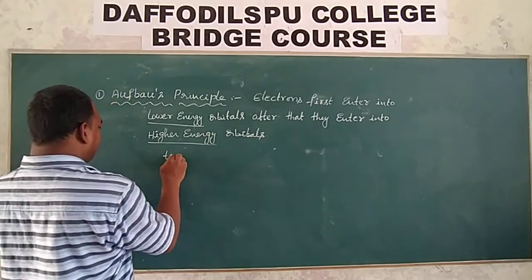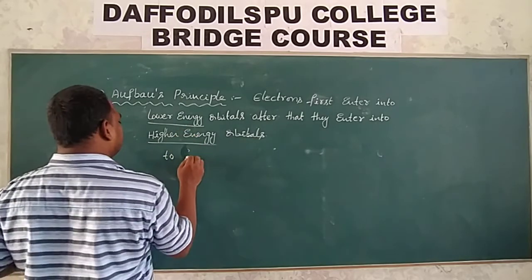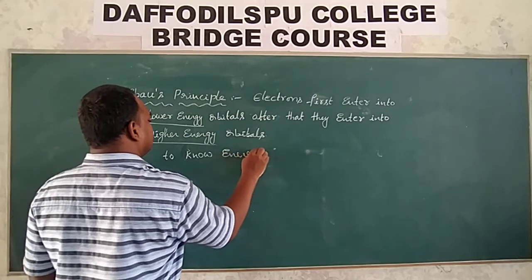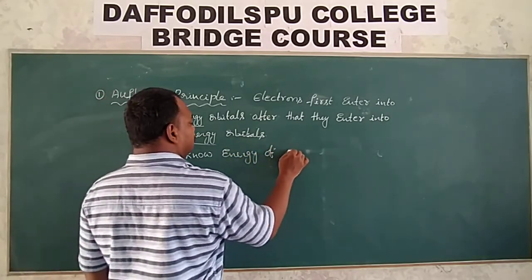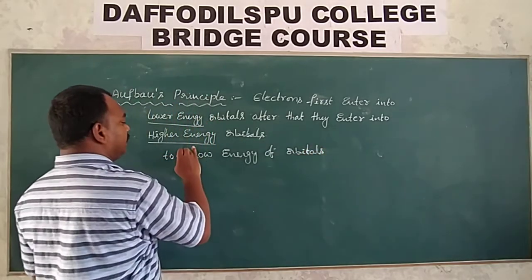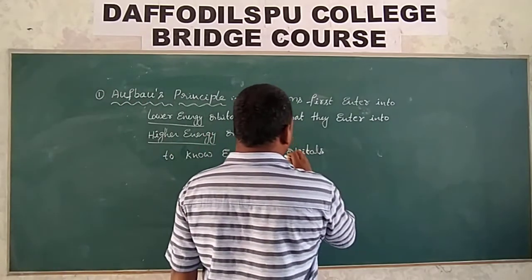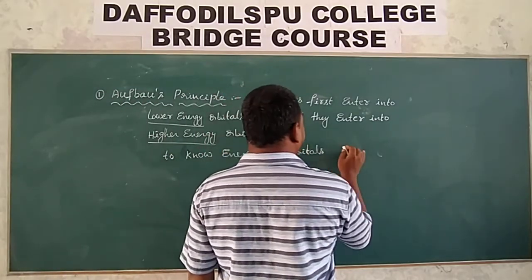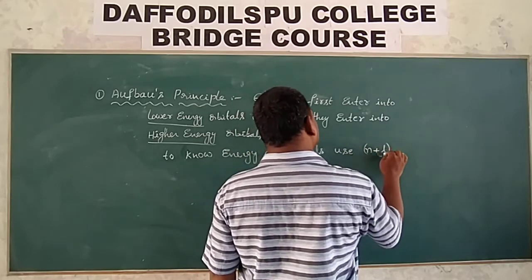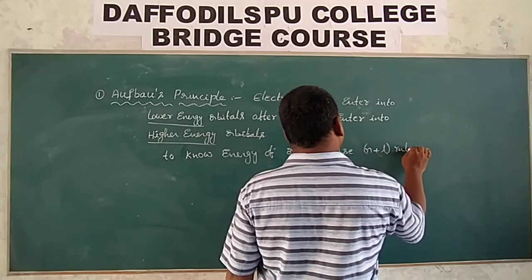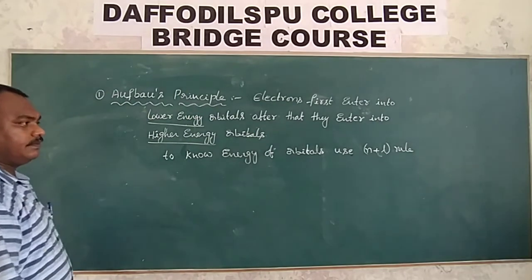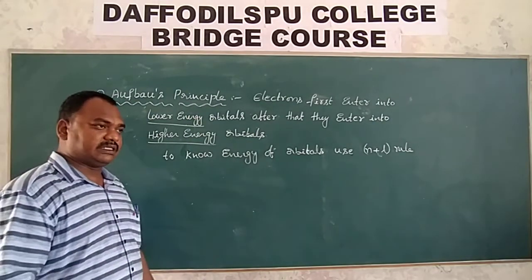To know the energy of orbitals, use the n plus l rule. Use the n plus l rule. So what is this n plus l rule?